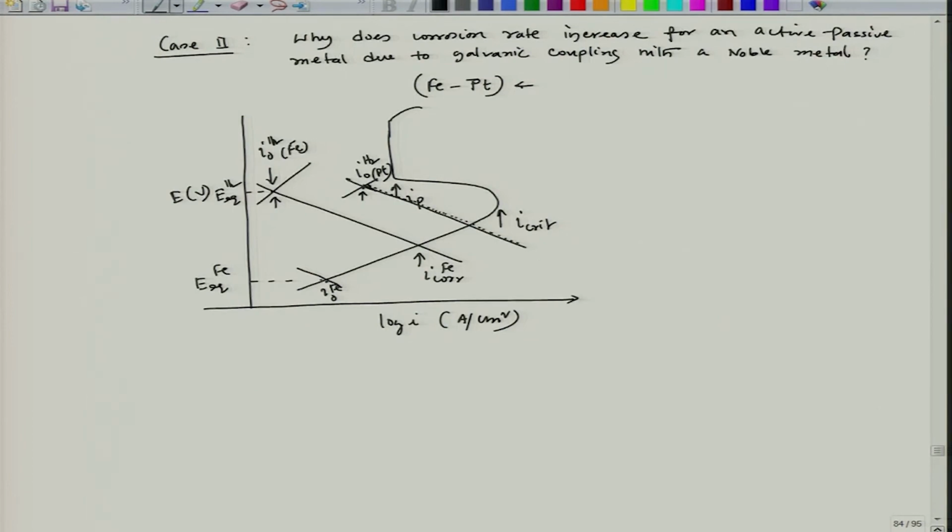So, now this becomes my I corr of iron on platinum, when that iron piece is galvanically coupled with platinum.